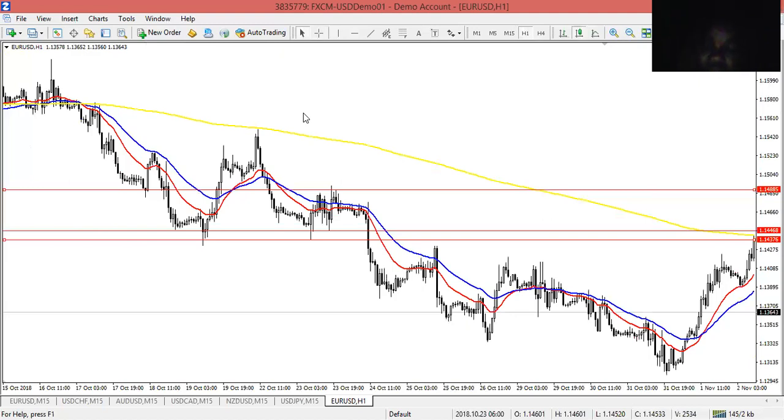So I need to practice over and over to understand how the market works before I start aiming for 30, 40 pips. I was watching some videos, some people aim up to 100 pips.